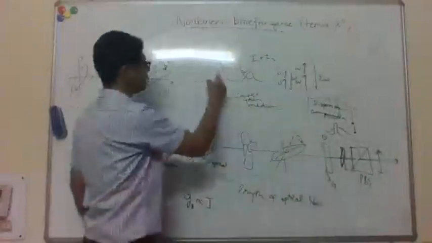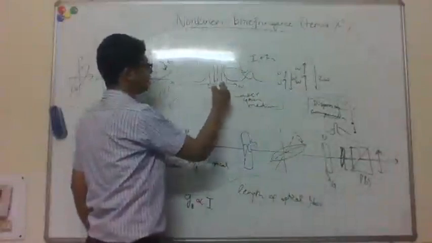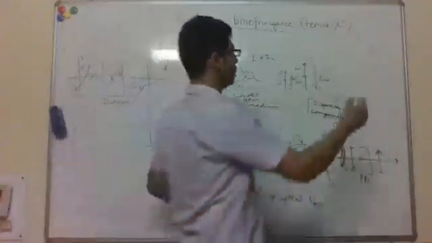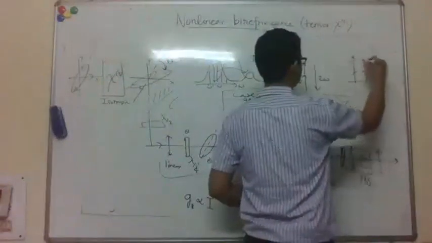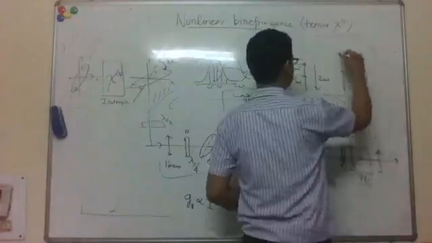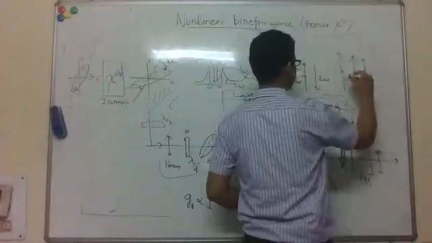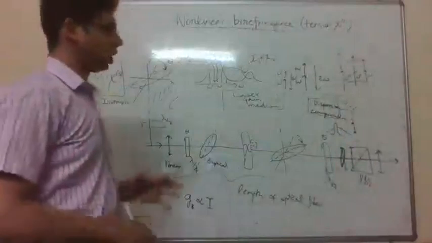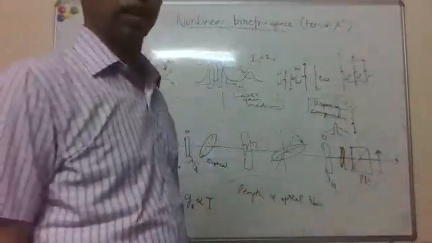So if you have a broad pulse, with different frequencies in the frequency domain, all of them are converted. Similarly for TPA, as long as the frequencies add up to twice the band gap, you could have different frequencies, omega, omega prime, omega double prime. So for ultrashort pulse measurement, you need some effect which is broadband. In that sense, Brillouin scattering would not be used.